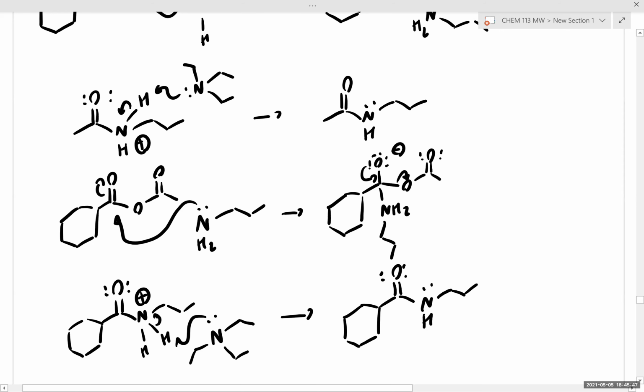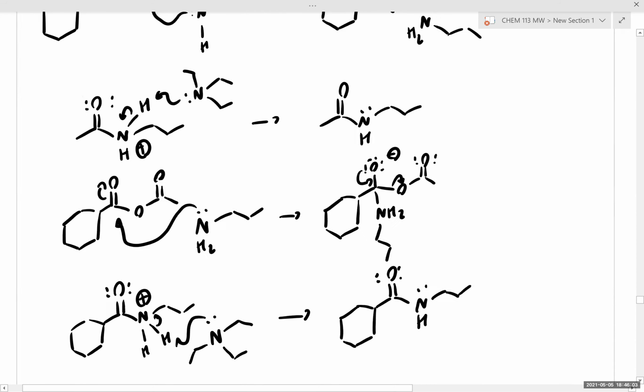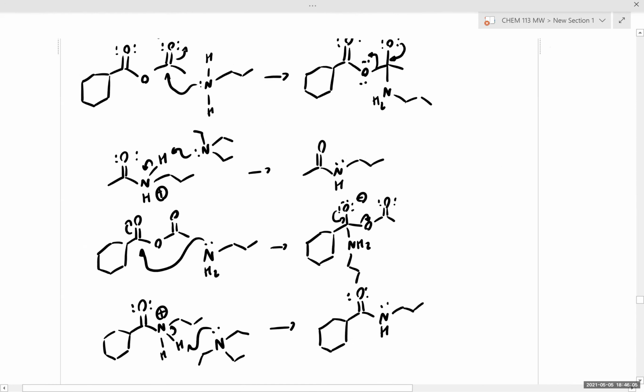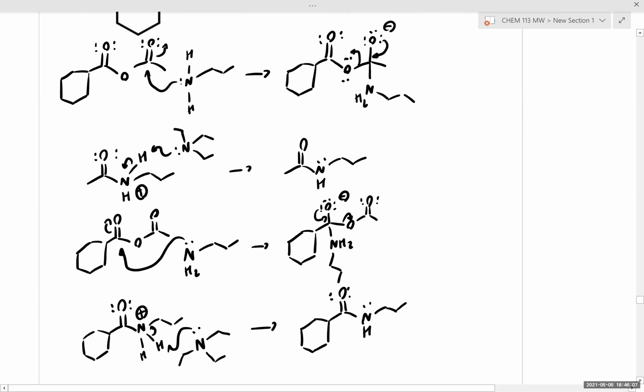Does this example and do these mechanisms make sense to everyone? Any other questions on this example?